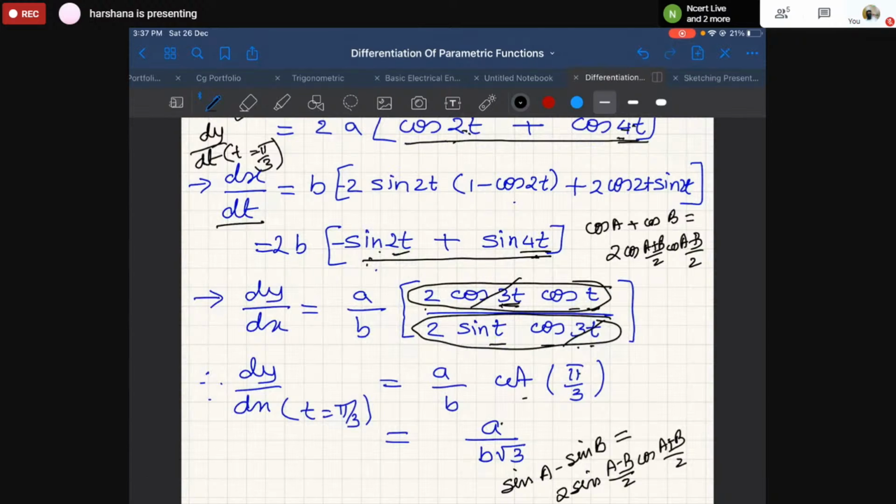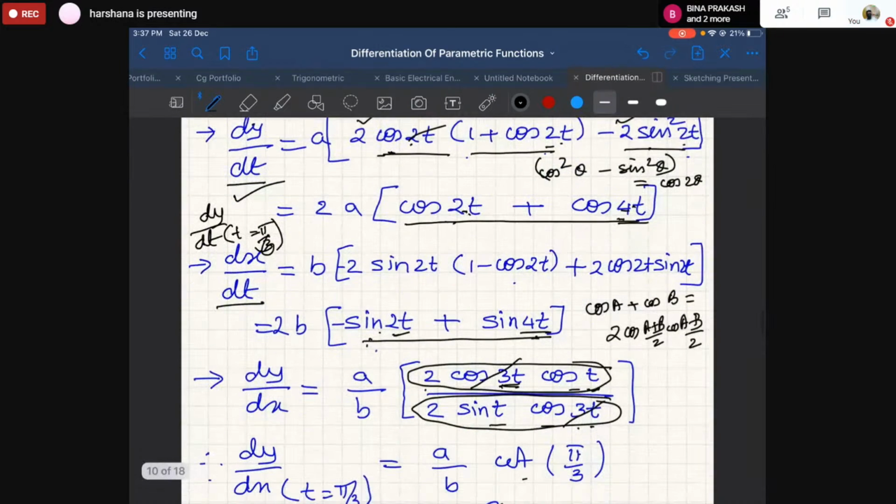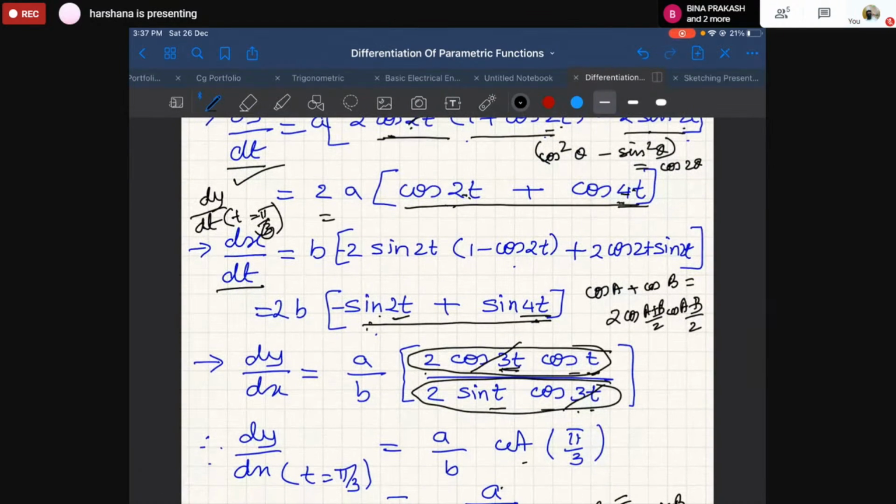Like if suppose my question had been at pi on 6, instead of pi on 6, I am asking you to find it at pi on 6. At pi on 6, what we find is, this is nothing but 2 times cos of pi on 6, this will come out to be cos pi on 3 plus cos of 2 pi on 3.